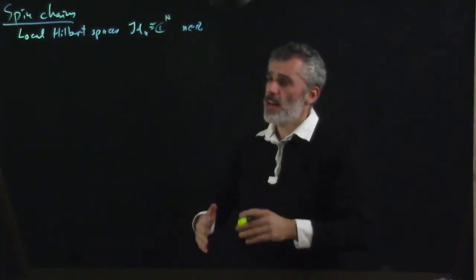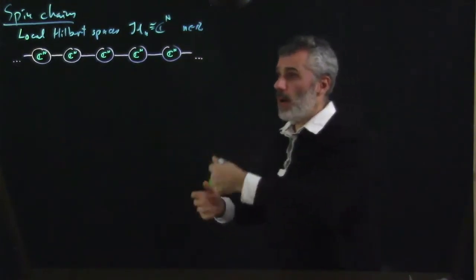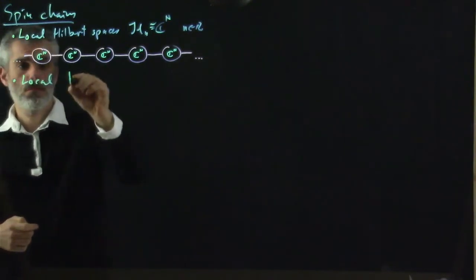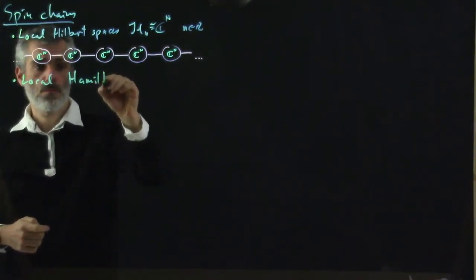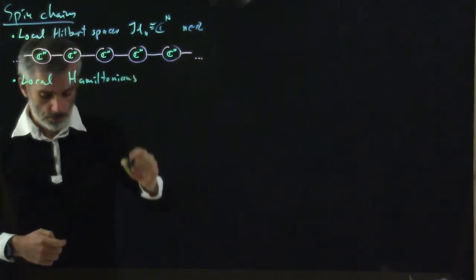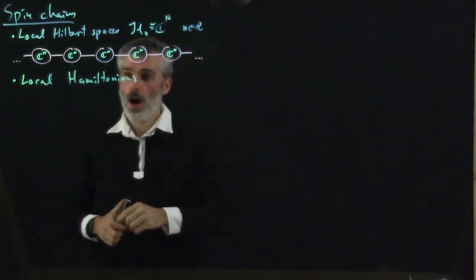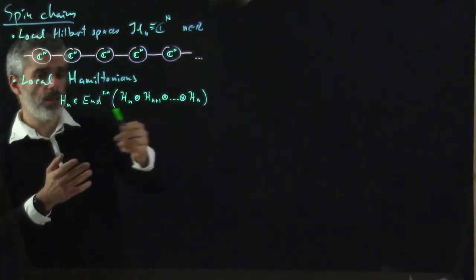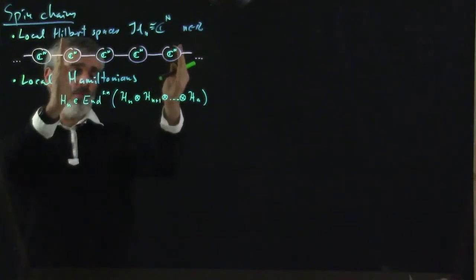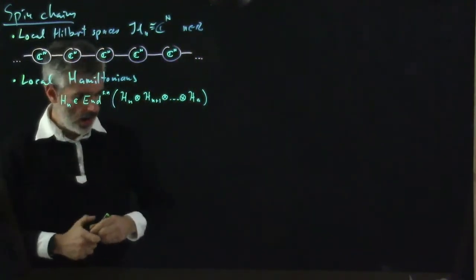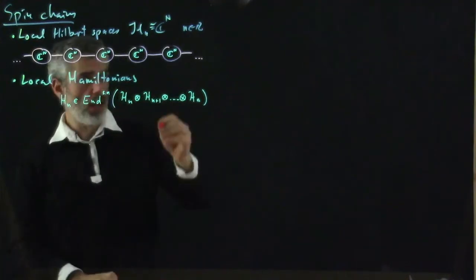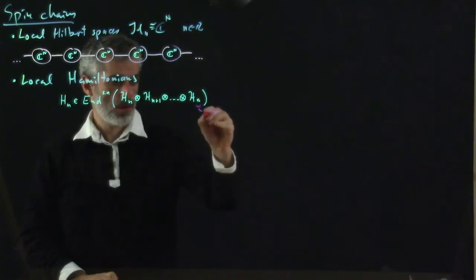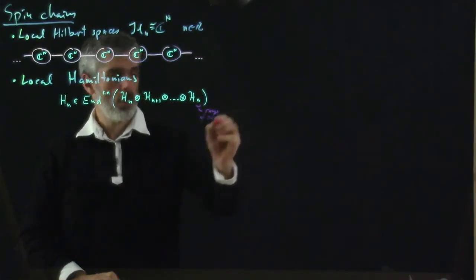And the spin chain looks as follows. And then we have local Hamiltonians, which are elements. So this is a self-adjoint operator on a tensor product of a chunk of these, where this number here is the range of the interaction.